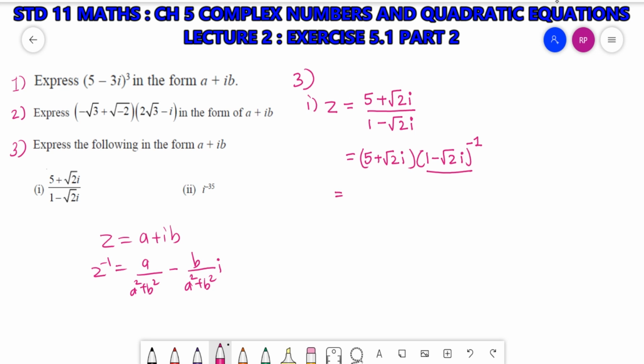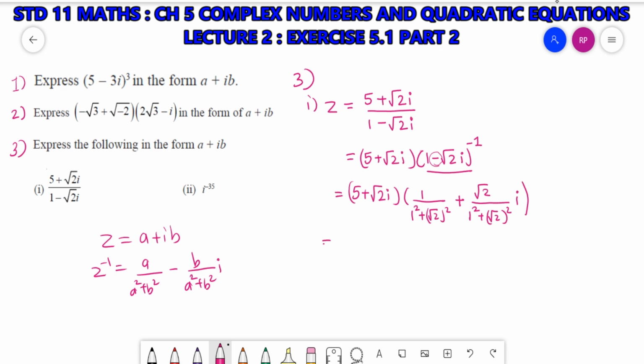So this will be equal to (5 plus root 2i) into 1 upon 1 square plus root 2 square. Okay, now here there is a minus sign, so for inverse I need to change it to plus b, that is root 2 upon a square, that is 1 square plus root 2 square i.